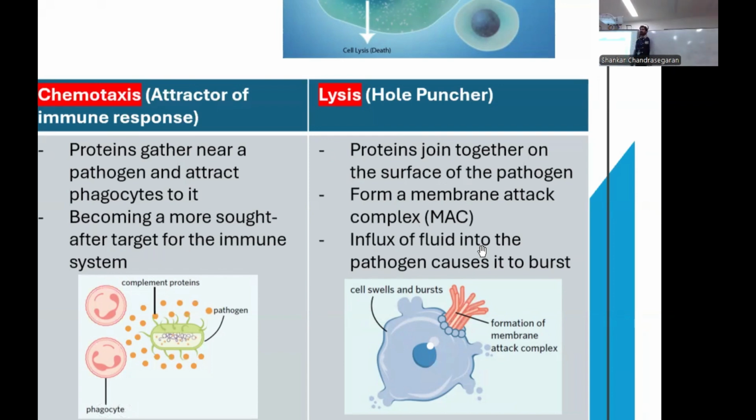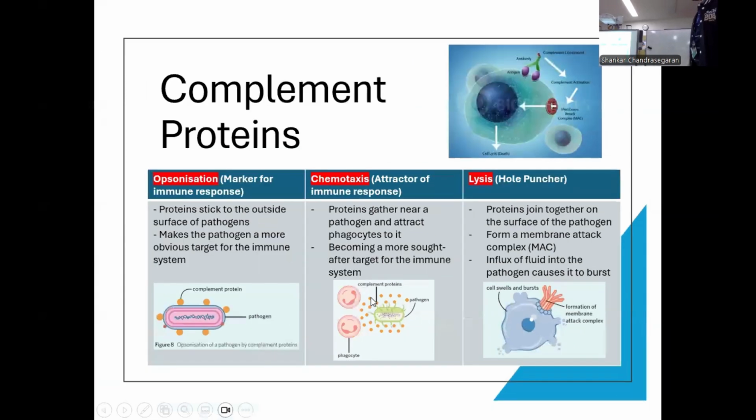The equivalent would be you getting overinflated by air and then exploding, right? That's what's happening to these pathogens. As soon as they have a hole in their membrane, excessive amounts of liquid will flow in, and that will cause the cell to burst and die.